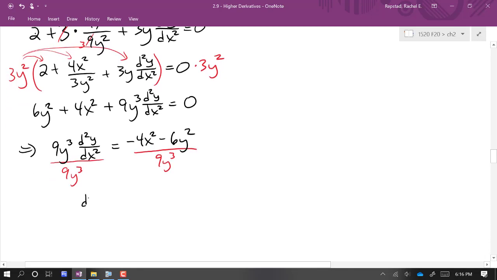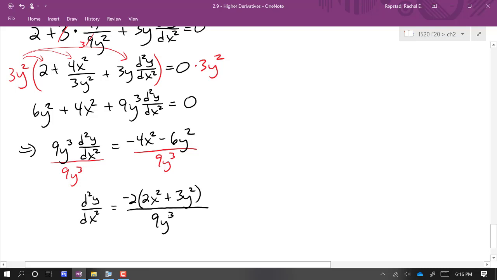So it looks like we're almost done, and we are almost done, but look, something really cool is about to happen. Up top, we have a common factor of 2. In fact, I'm going to go ahead and take out a negative 2. And then we have 2x squared plus 3y squared. This is all over 9y cubed.